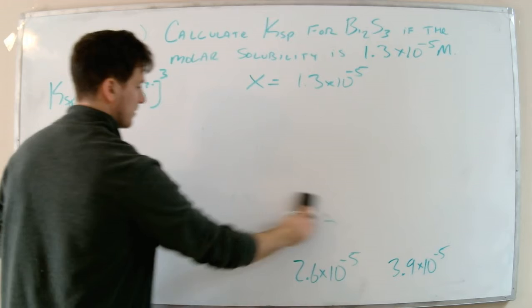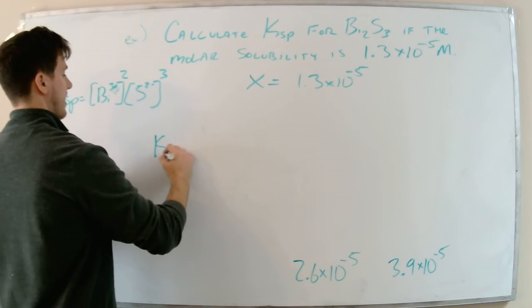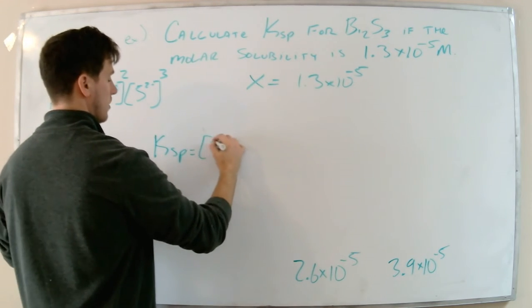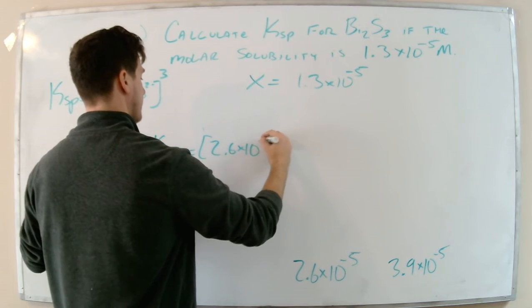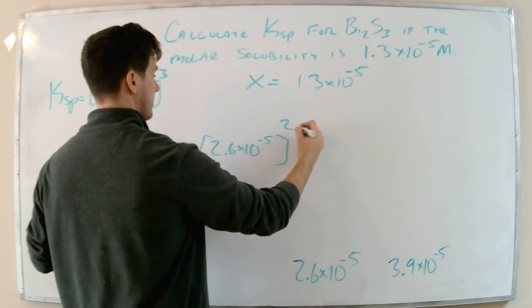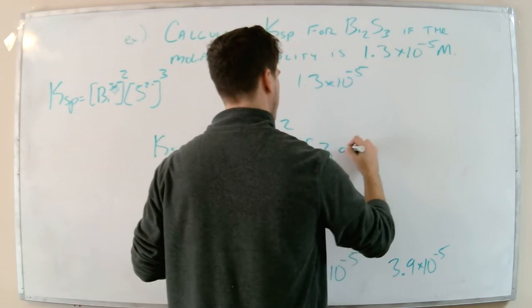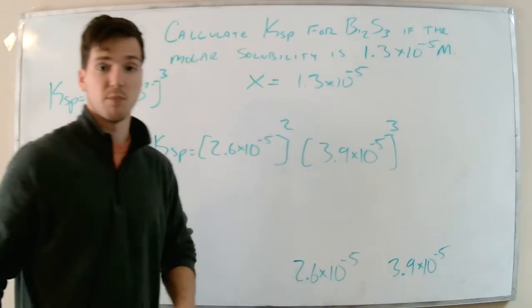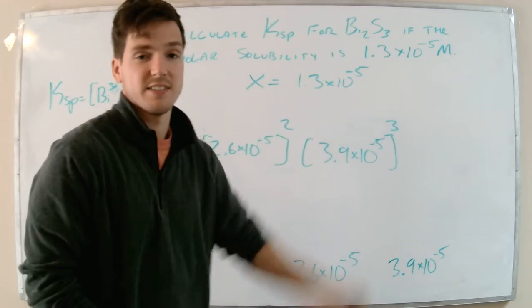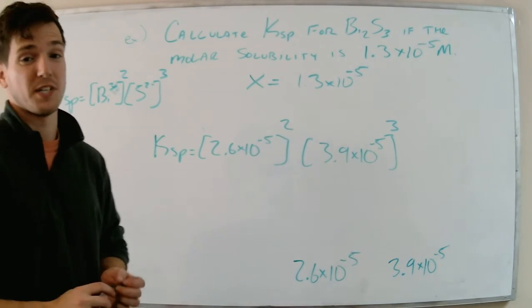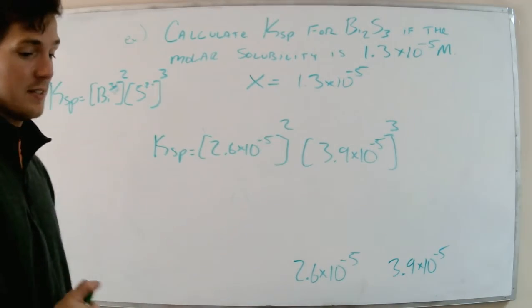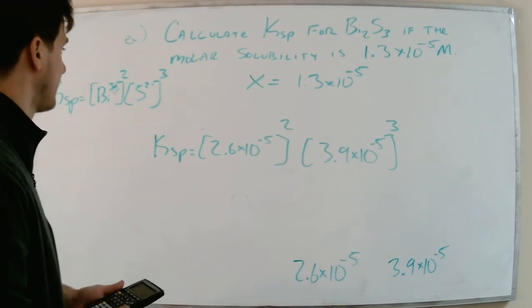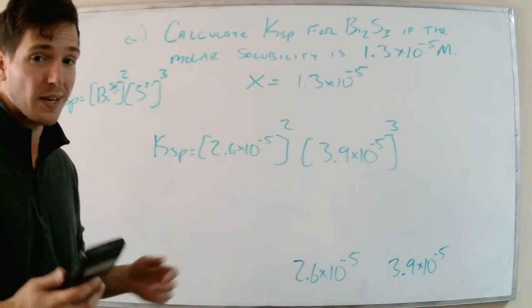Ksp equals 2.6 times 10 to the negative fifth, to the second, and then 3.9 times 10 to the negative fifth, to the third. The big mistake people make is they forget to add the 2 and the 3 there. I know it's redundant. I know that we've been dealing with that for a while now, but that's just how it goes. It's redundant, okay?